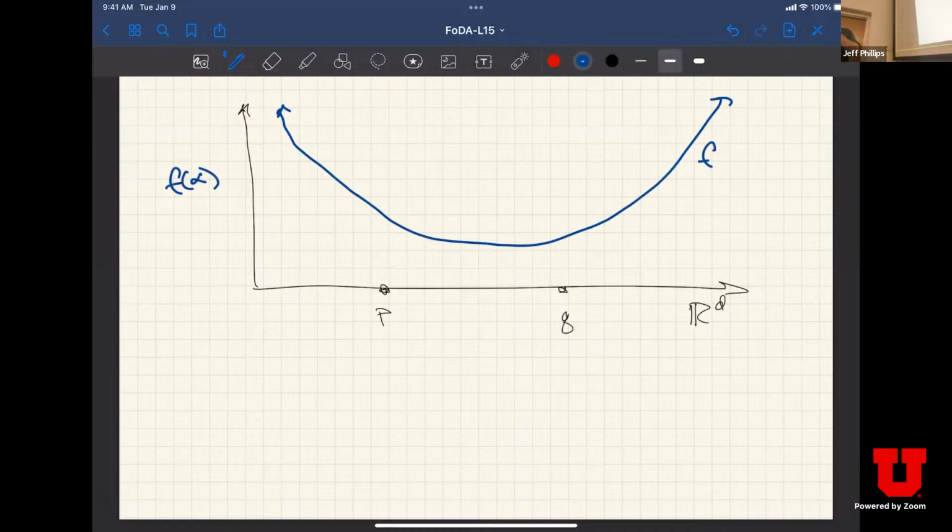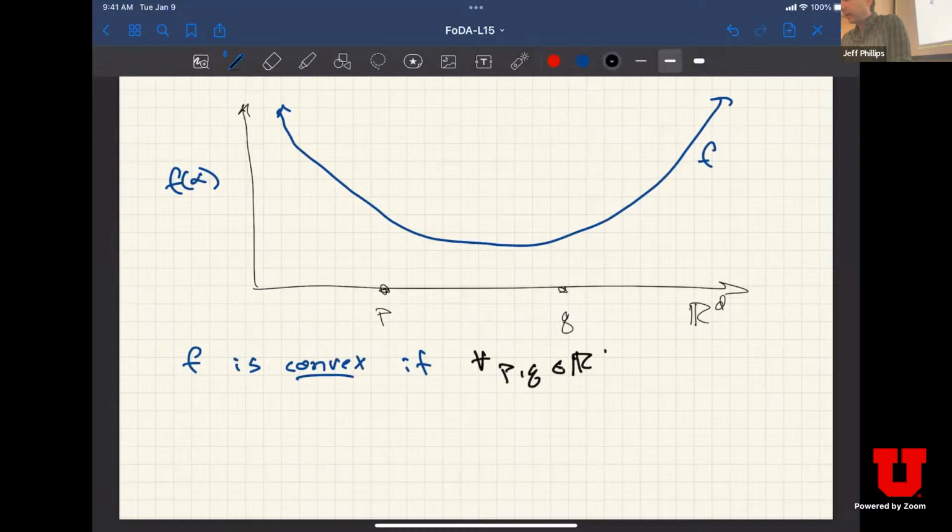I want to check if this function is convex. I'm going to define it as an extension of this formula. I'm going to say F is convex if for all P and Q in R^d and all lambda in 0, 1, the following equation holds true.